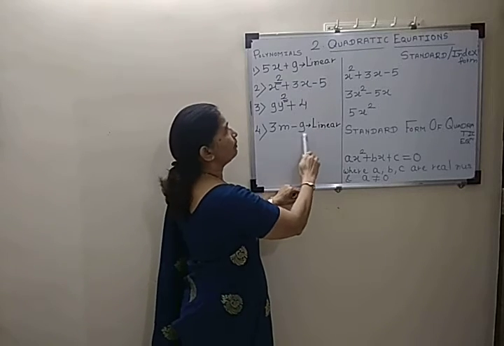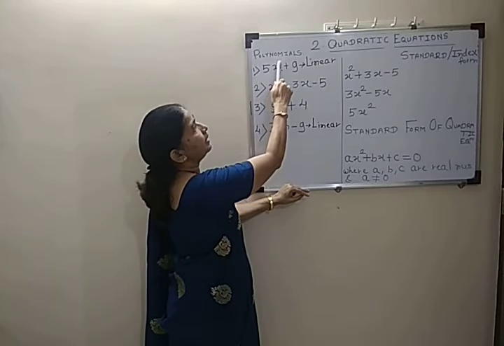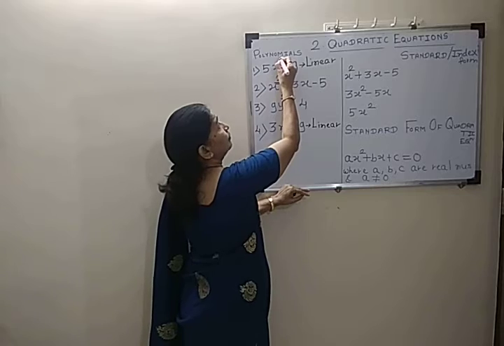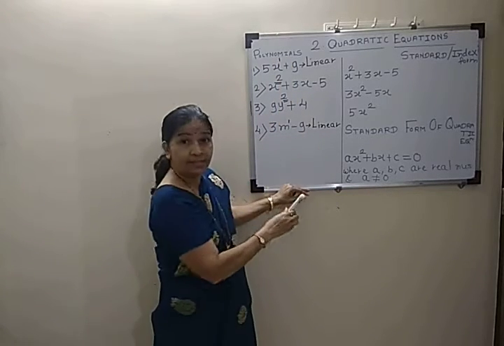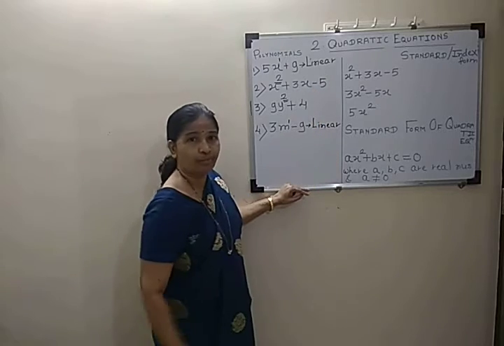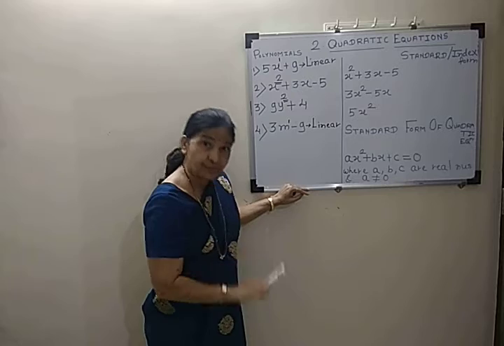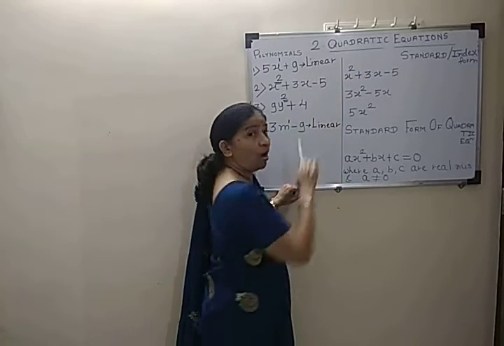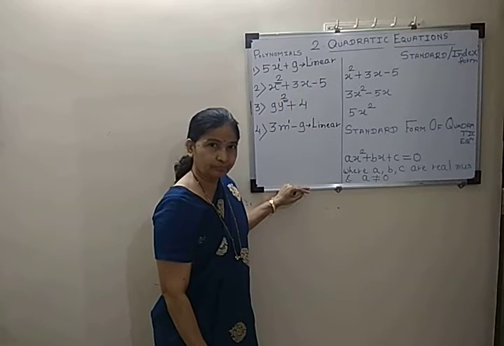So, this difference you got: when the degree, meaning highest index, is 1, then we call it a linear polynomial, and when the degree is 2, we call it a quadratic polynomial.